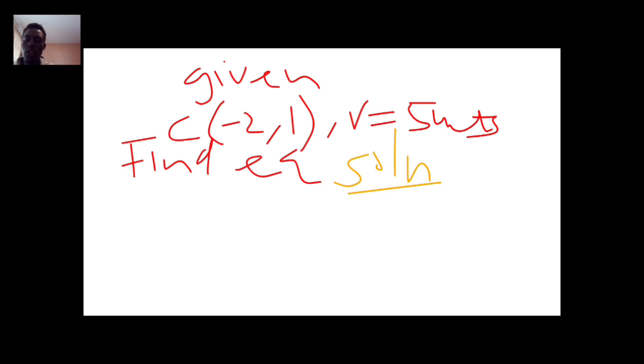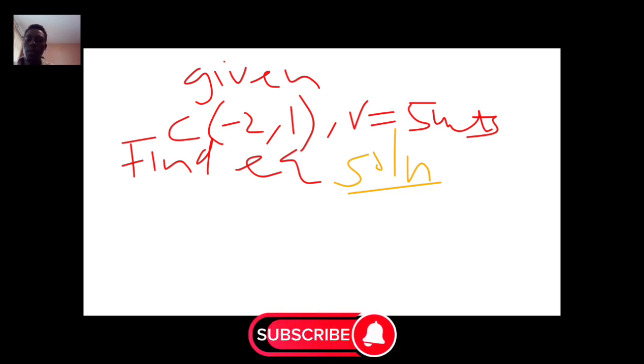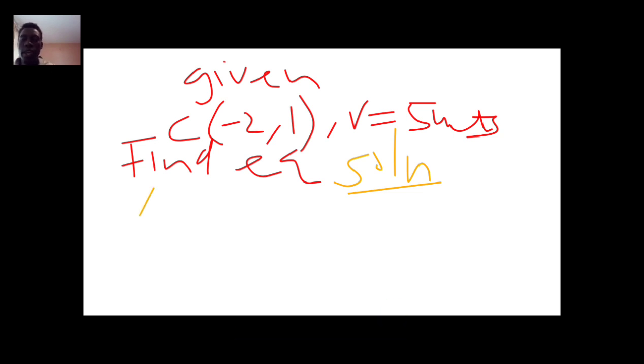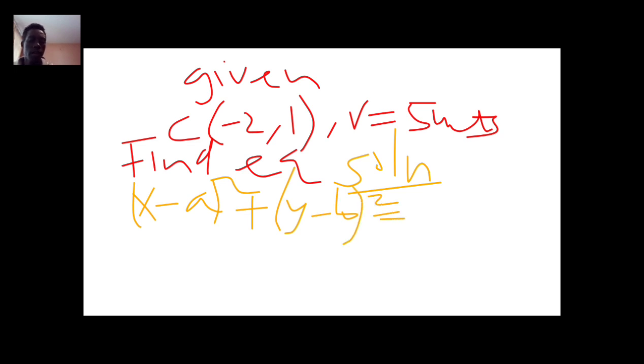So that is the general equation of a circle at the point A and B. So where you say X minus A squared plus Y minus B squared is equal to R square.